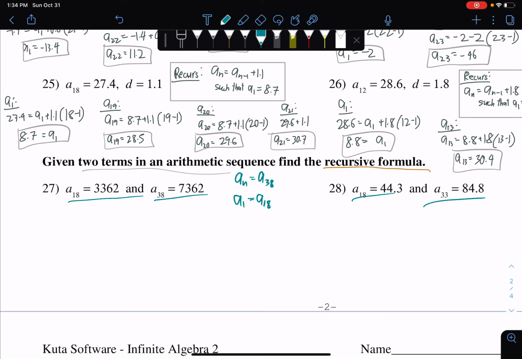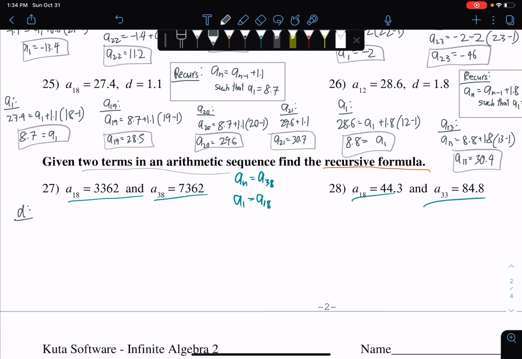I know it's confusing, but basically a sub 1 will be assumed as the lower term, which is this one. We know that 3,362 is less than 7,362, and the higher number will be our a sub n. So first, we'll be deriving our common difference from these two terms.